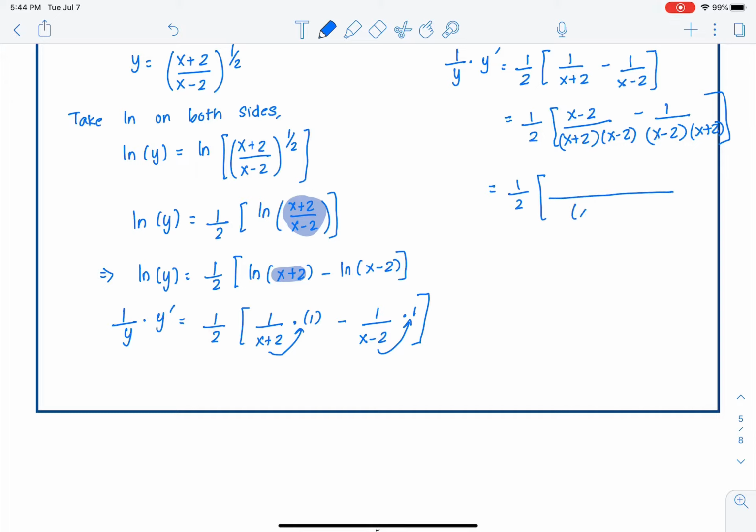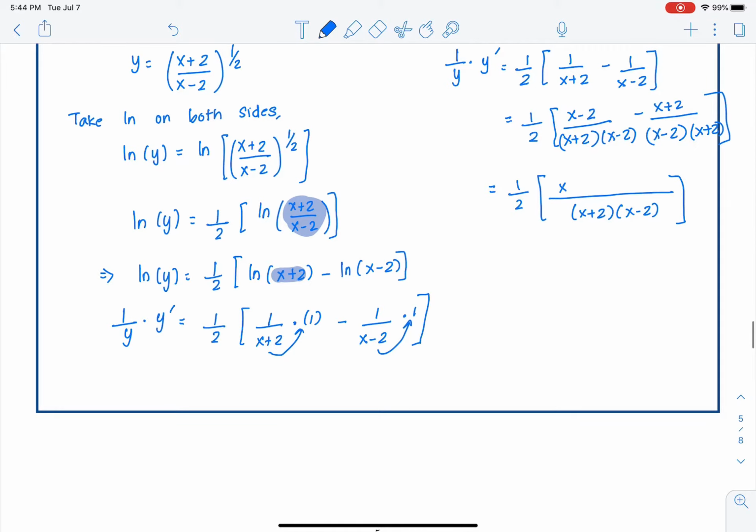So the common denominator is x plus 2 times x minus 2. Oh, I forgot to multiply it by x plus 2 there.